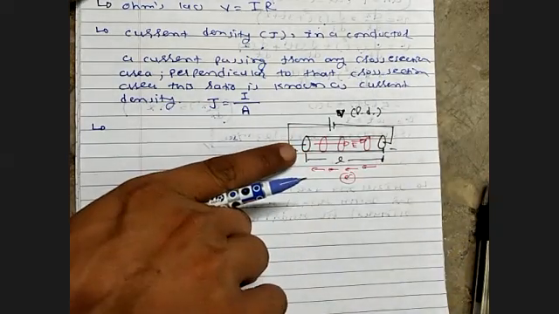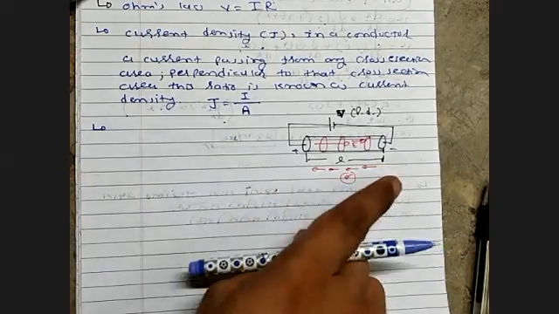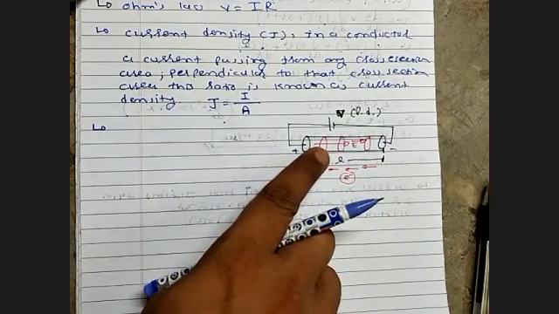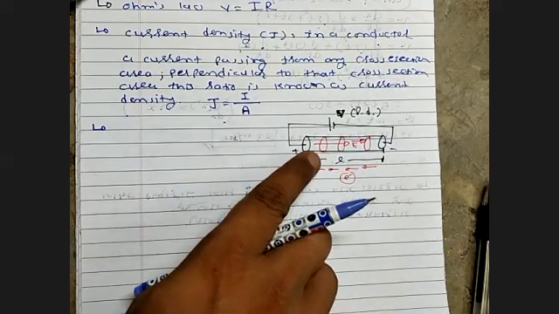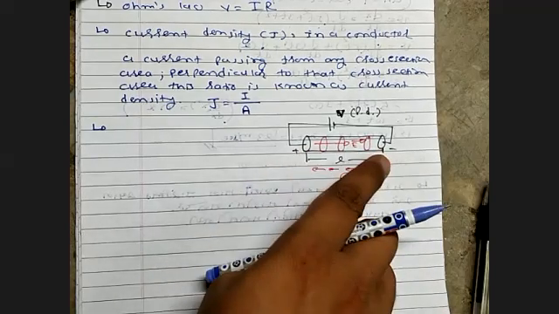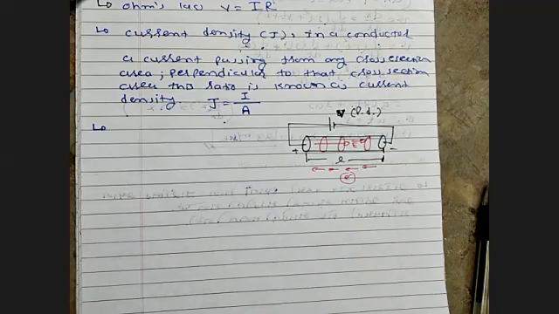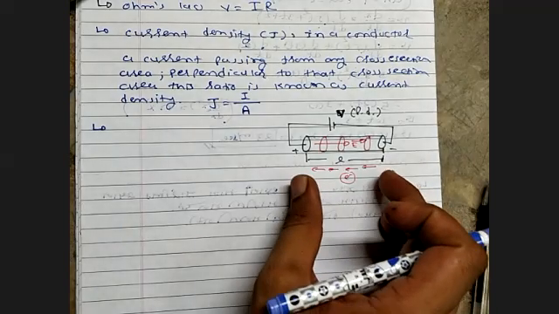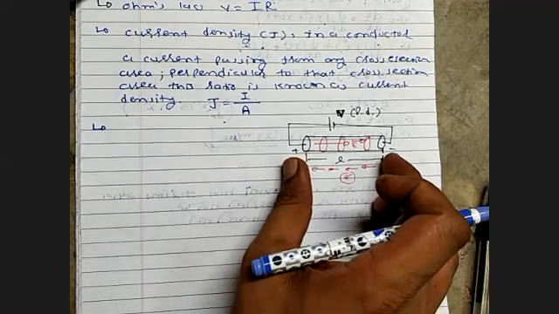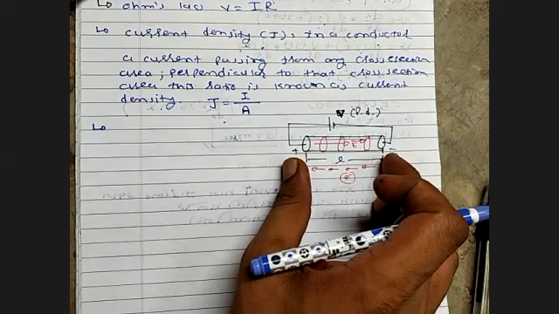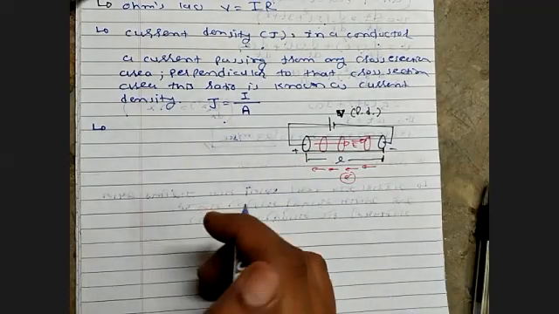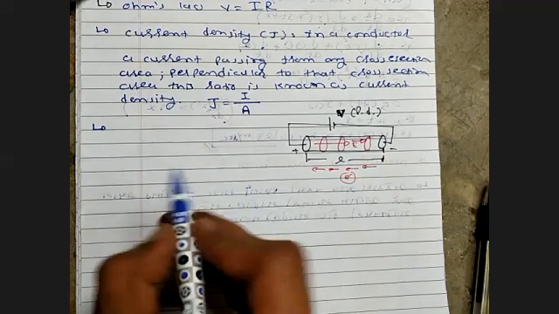So the current passing through any perpendicular cross section area is named as current density J. Suppose there is a length L, and if we apply the potential difference, what happens? There is a relation between these two physical quantities.